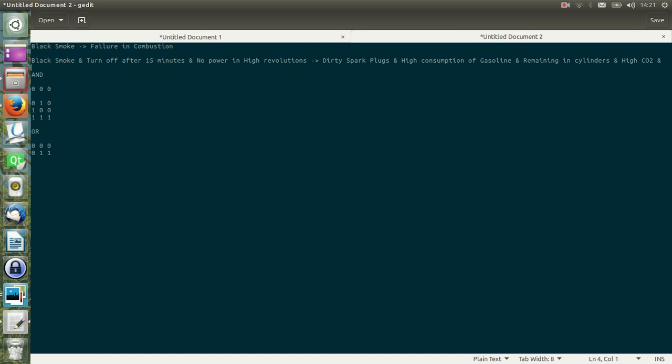This kind of structure rule is called a cube, and I will type its formal definition. It might be A0 and A1 and A2 and A3, and so on until AN, with its respective parentheses, implies pretty much the same structure.